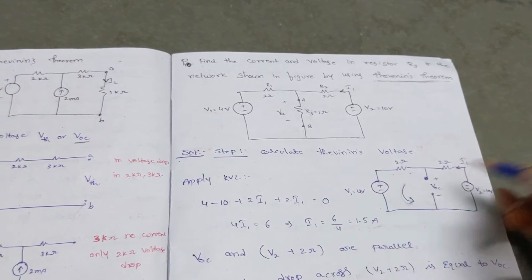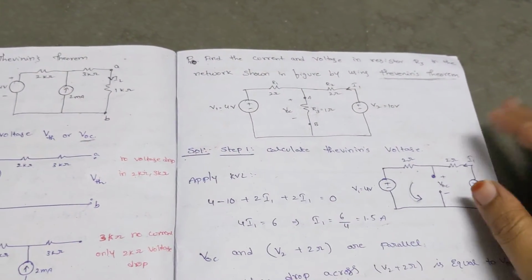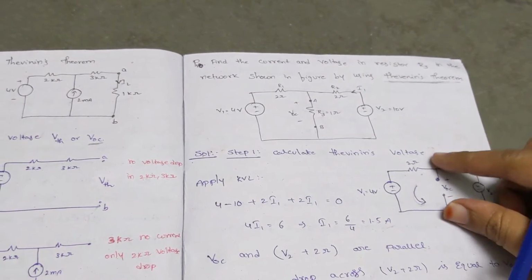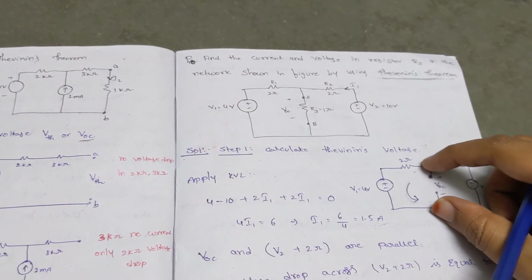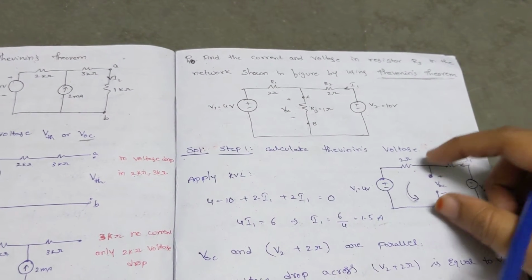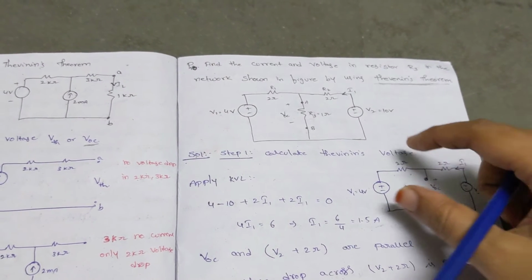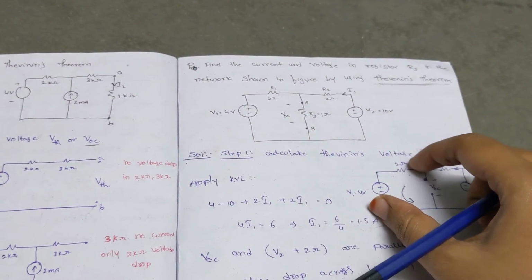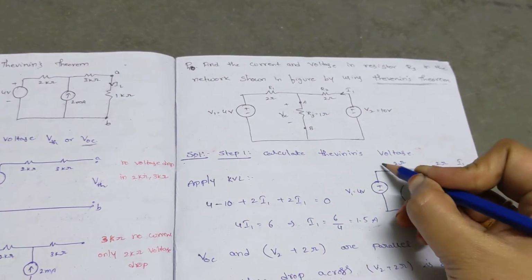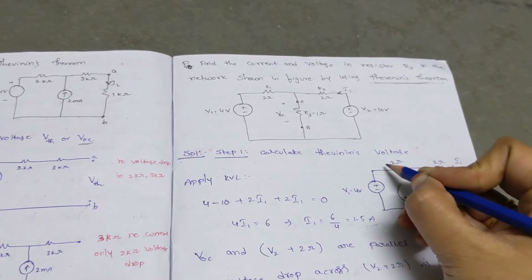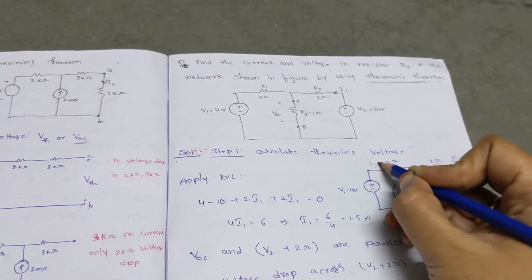Now please observe this VOC. This VOC is nothing but the voltage combination. That means the voltage drop of, for example, this one, I am considering as V2 ohm.